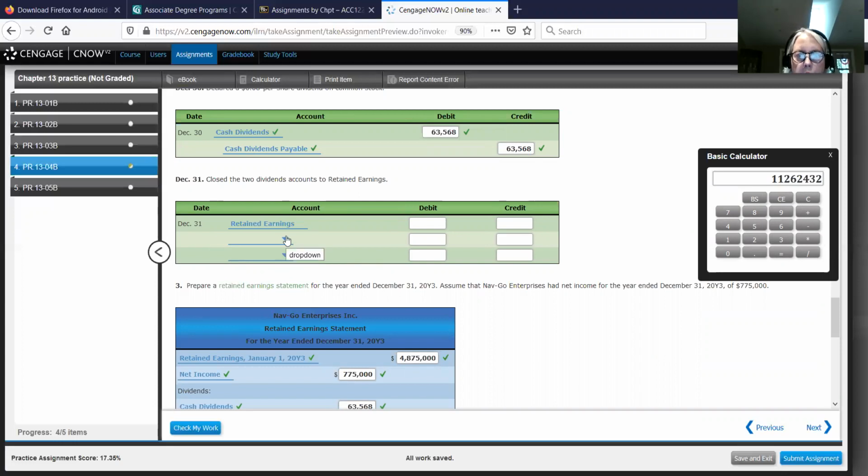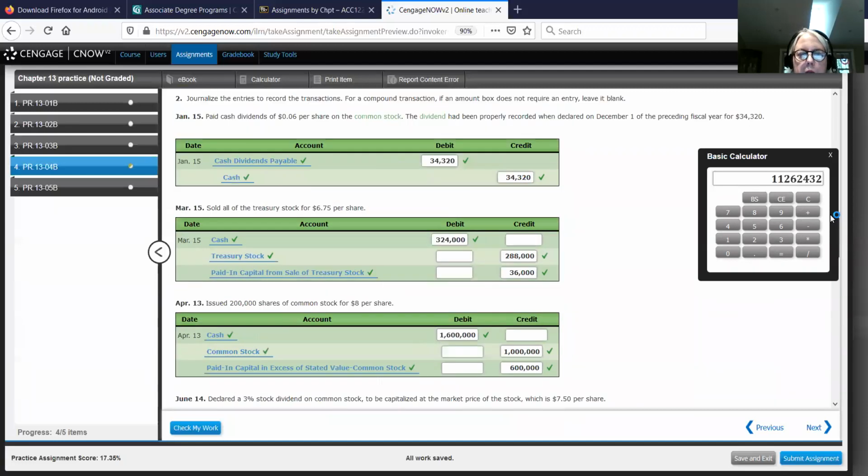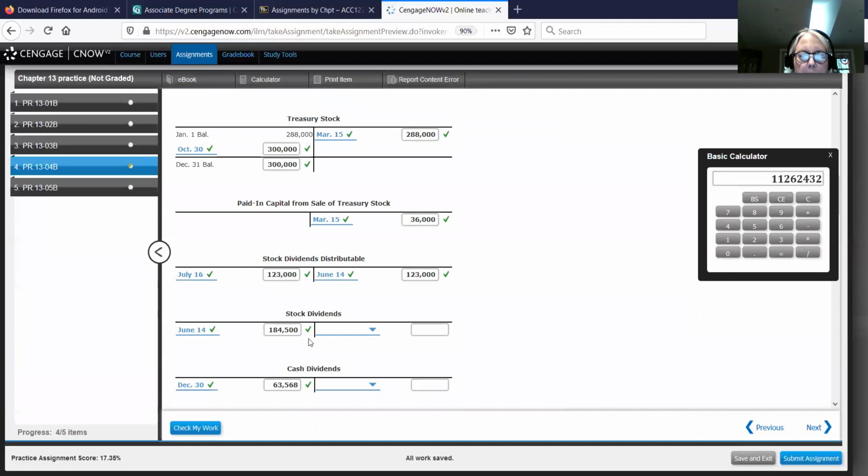We're going to close out our stock dividends first. To close out the stock dividends, I'm going to go up here. To close it out, we would have to, on December 31st, make that closing entry. We'll close it out for the debit amount here of $184,500.